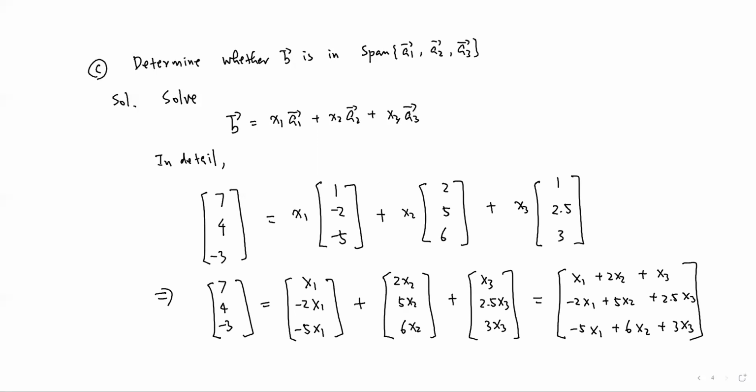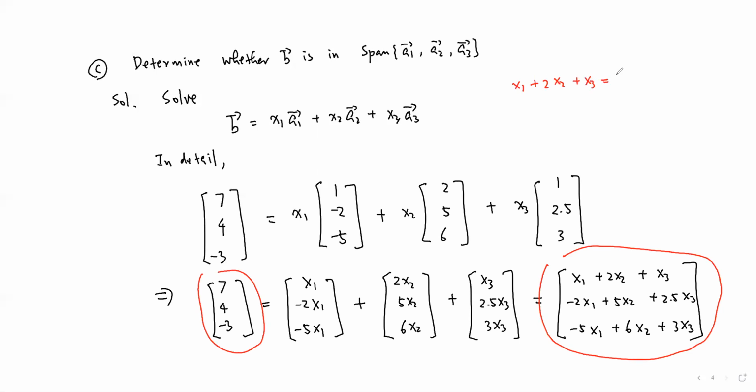Now, this vector is equal to this vector. That means that their corresponding entries are equal. So we have a linear system. Compare the first entries, then we have this equation: X1 plus 2 X2 plus X3 is 7.